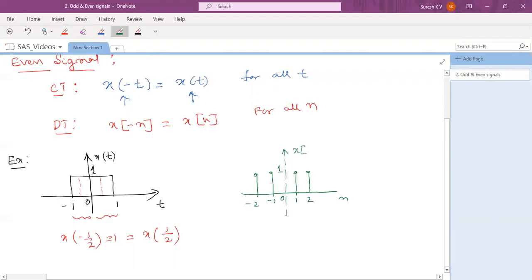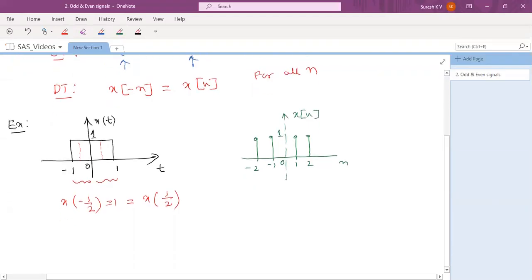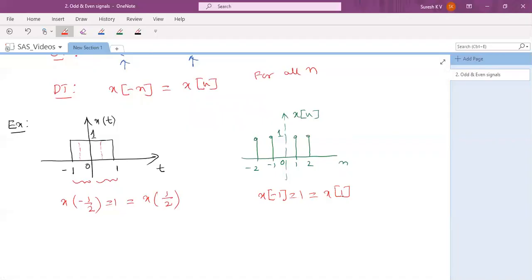So this is x of n. Here again you can see that, for example, x at minus 1 is equal to 1, which is the same as x at plus 1. Both the values are the same, and it is true for all the values of n. So this is an example of a discrete time even signal.